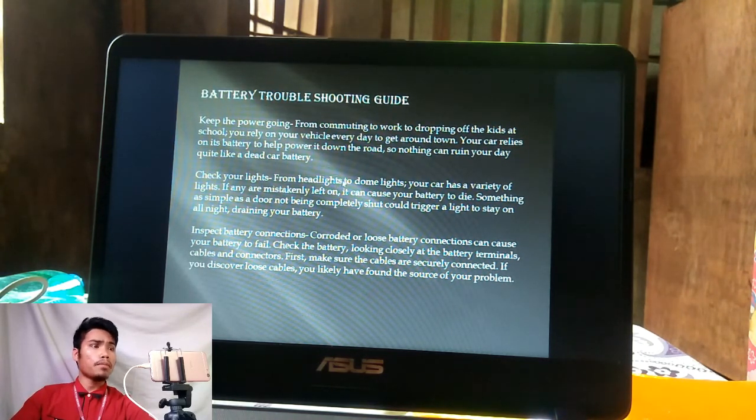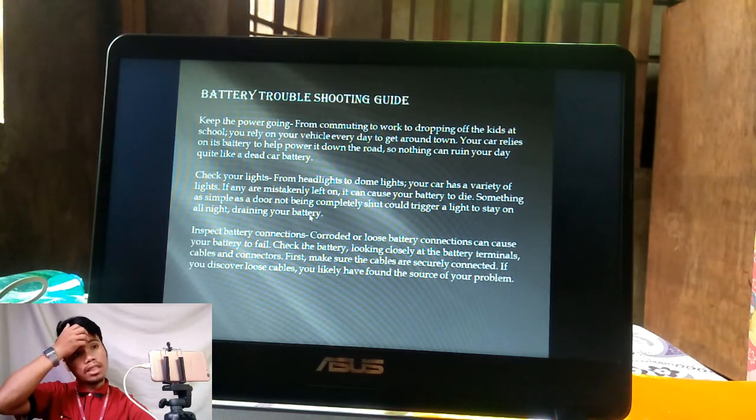From headlights to dome lights, your car has a variety of lights. If any are mistakenly left on, it can cause your battery to die. Something as simple as a door not being completely shut could trigger a light to stay on all night, draining your battery.